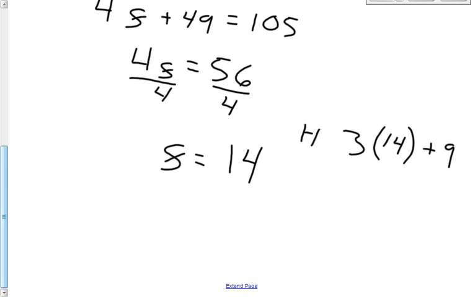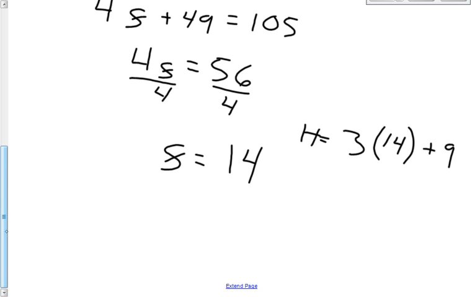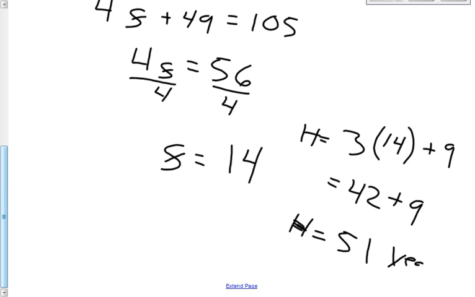That is how old Henry is. That is obviously this equation right up top here. So 3 times 14, that would be 42. And 42 plus 9, Henry is 51 years old.